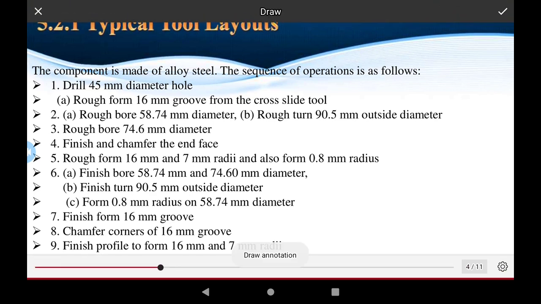This is the machine for rough turn of the 90.5 outside diameter. Okay, and part three is the rough bore of 74.6 diameter. Okay, finish and chamfer the end face. Okay, finish and chamfer of the face.